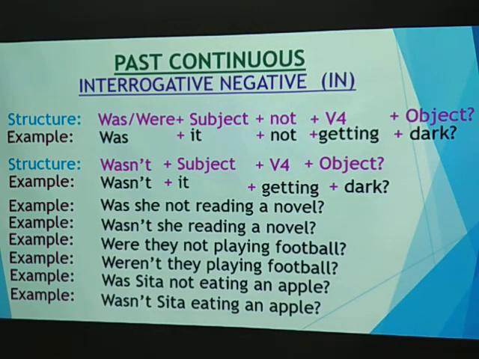This will be an assignment, or you can say homework: you must make at least 10 sentences on your own and then try to modify them in the formations that have been given. You can say 10 lines, change them into past continuous positive, negative, interrogative and interrogative negative.